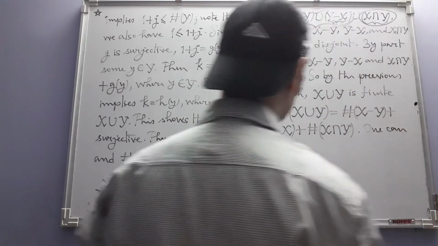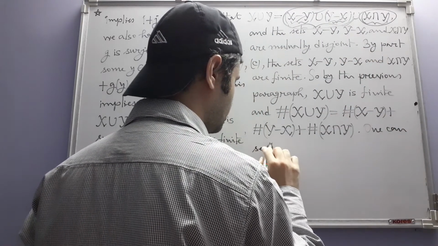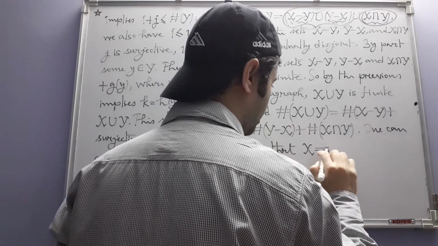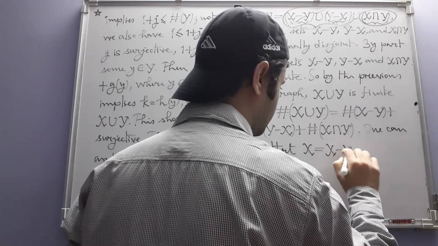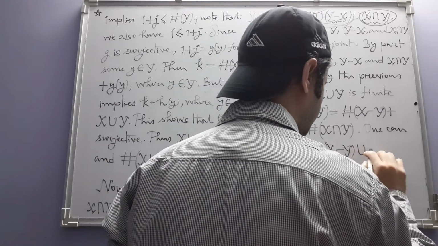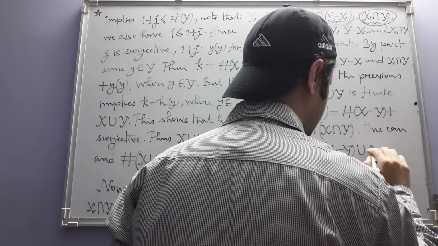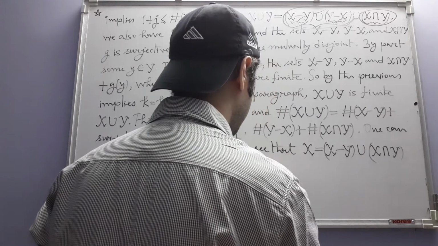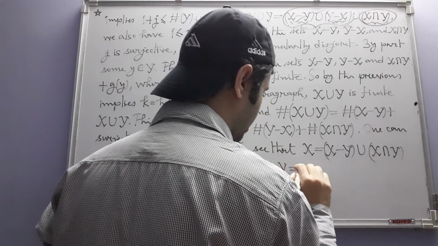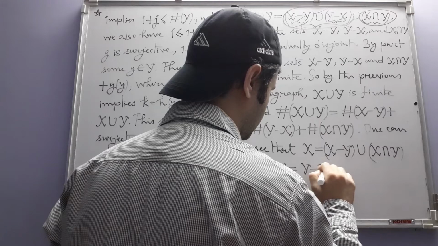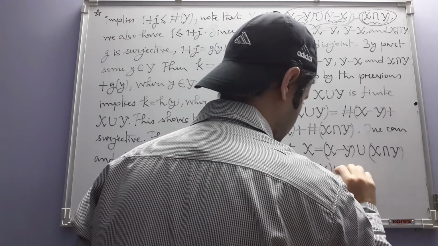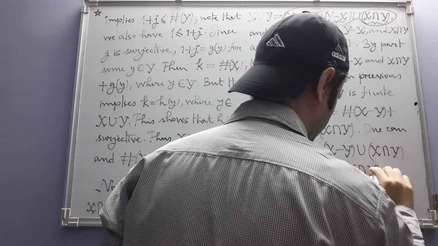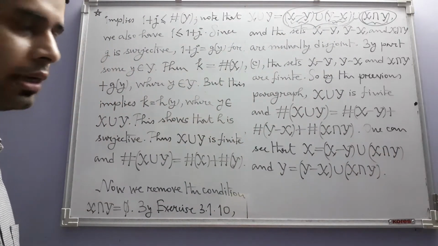One can see that x is equal to x minus y union x intersection y, and y is equal to y minus x union x intersection y.